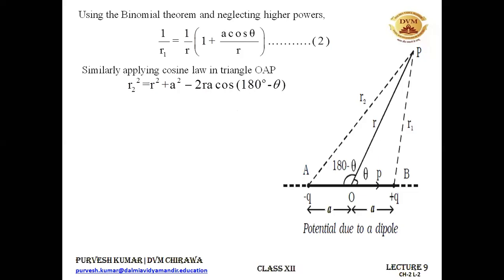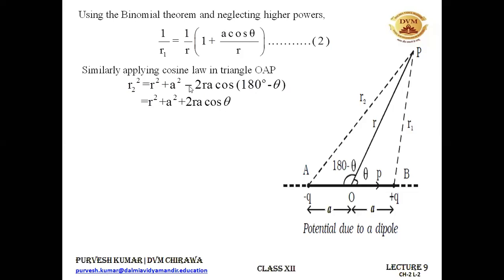We know this. So in place of this cos 180 minus theta, I can write minus cos theta, and that minus and this minus get cancelled out, and you'll be having a plus over here. The value of R2 square becomes R square plus A square plus 2RA cos theta. All right, because cos 180 degree minus theta is minus cos theta. That's why this minus gets converted to plus.